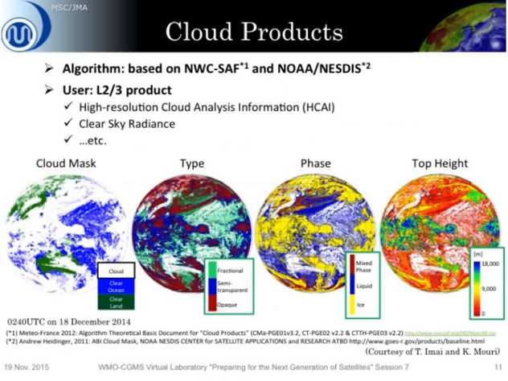First, I show cloud products. These consist of cloud mask, cloud type, cloud phase, and cloud top height. The algorithms used to retrieve the information are based on NWCSAF, the Nowcasting Satellite Application Facilities, and NOAA-NESDIS products.